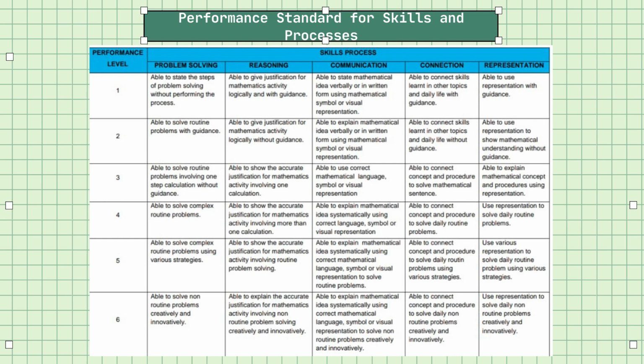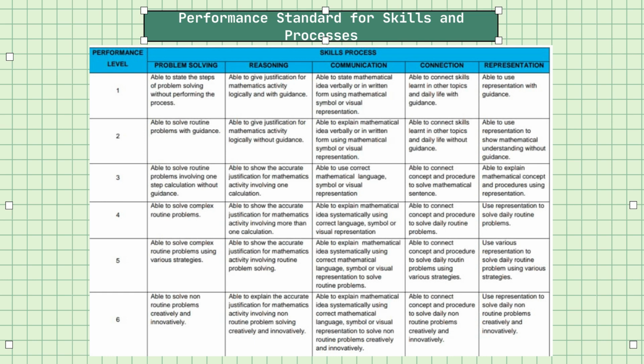For performance level 5, students are able to solve complex routine problems using various strategies, show accurate justification for mathematics activity involving routine problem solving, and explain mathematical ideas systematically using correct mathematical language, symbol, or visual representation to solve routine problems.